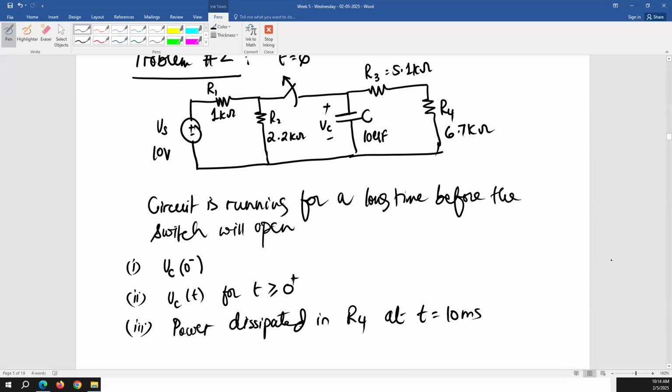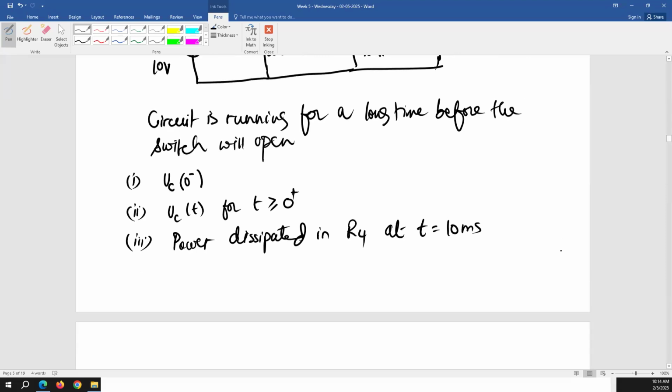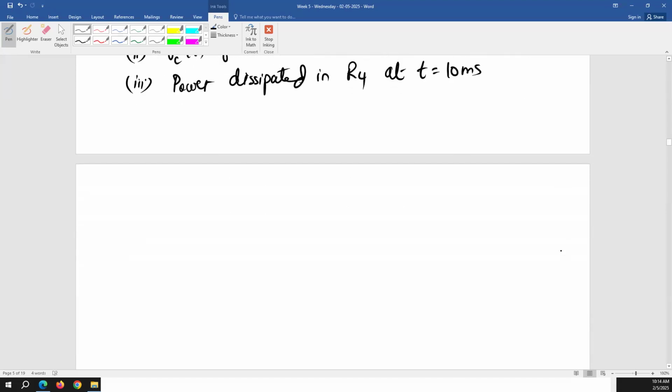And how are we going to calculate the voltage across R2? Don't go to nodal or mesh analysis when you can solve using Ohm's law. The circuit is 4 resistors connected with a source, so you can always apply the combination of resistors and calculate the voltage or current in any circuit.